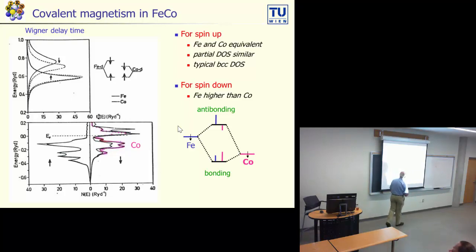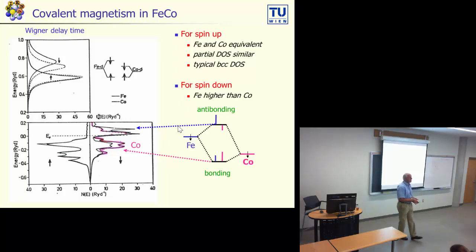And now you can use the simple picture again, bonding, antibonding states. So the bonding states have more cobalt character, and the antibonding states have more iron character, as you know from a simple MO diagram. So a rigid shift, what would you obtain if you would just shift the density of states like I did in iron? Then you would have the same density of states for iron and cobalt in both spin directions, but what would that mean?